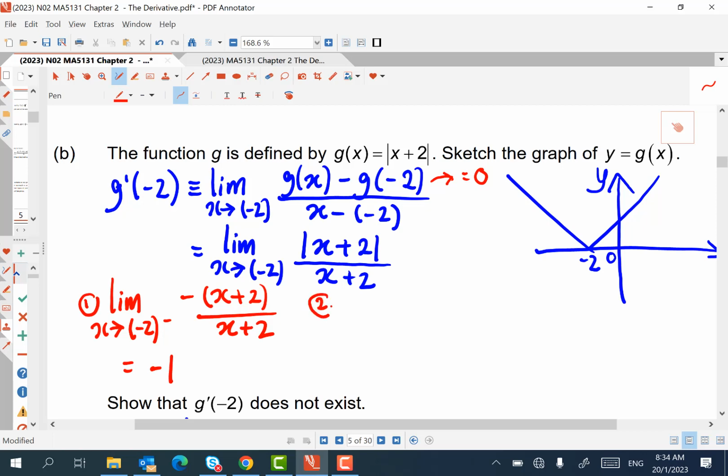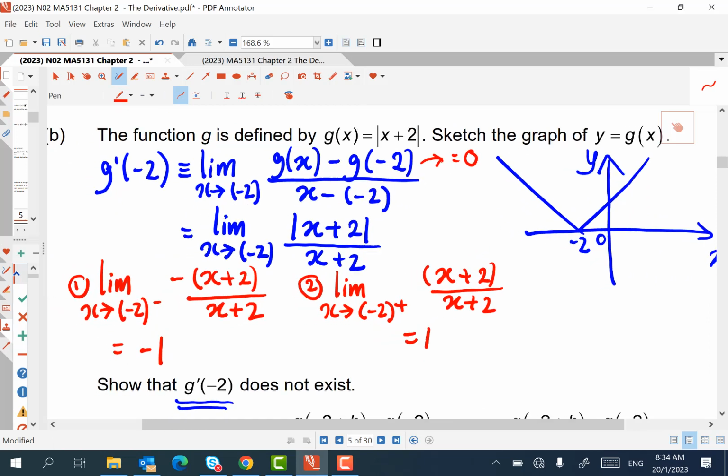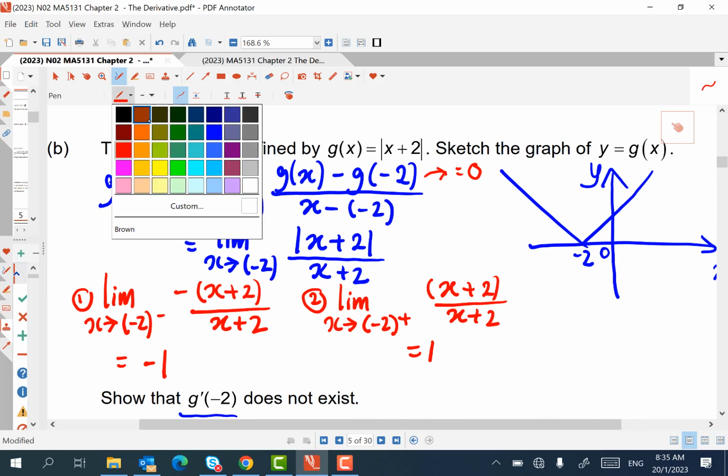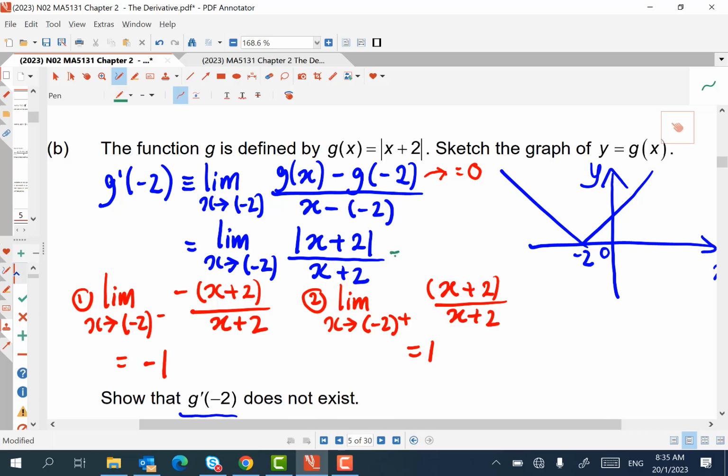Then on the right side, when x goes towards -2, it's good to put -2 in brackets, -2 plus. This will give you x plus 2 over x plus 2, which is 1. So therefore, the left and right limits in this case do not exist. Therefore, we conclude that this one does not exist.